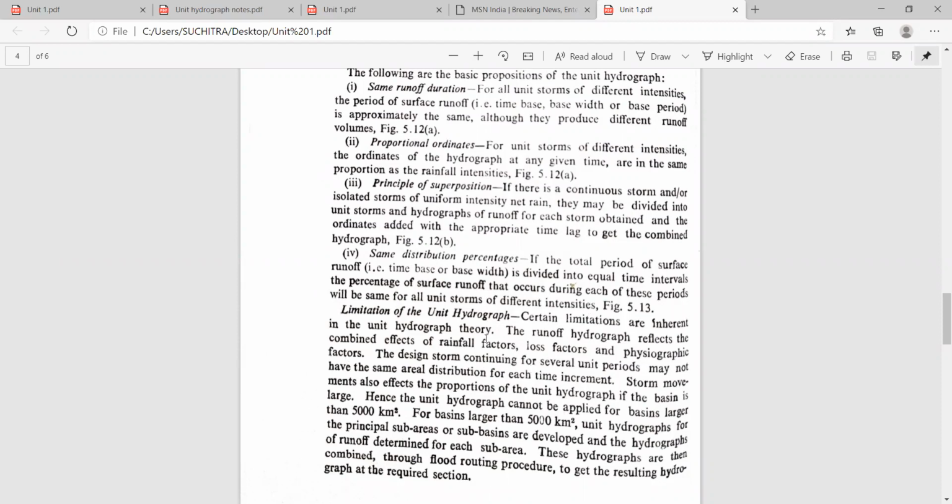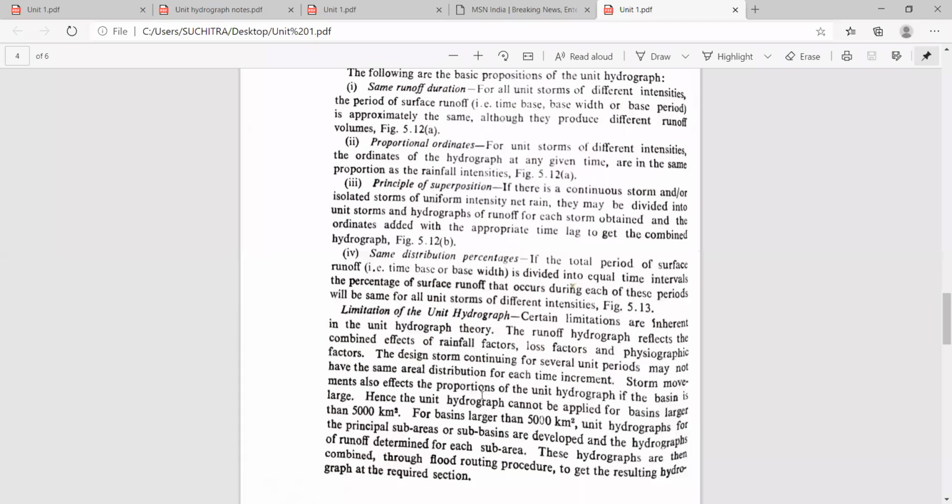It cannot be applied for an area greater than 5,000 kilometers. In such a case, the area is divided into sub-areas or principal areas, and for each of these, separate hydrographs are drawn. These separate hydrographs can be combined by a special method known as the flood routing method, by which you can combine all these individual hydrographs.